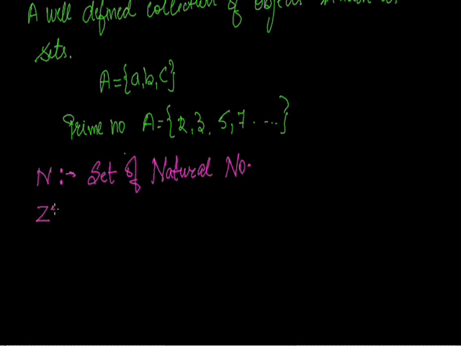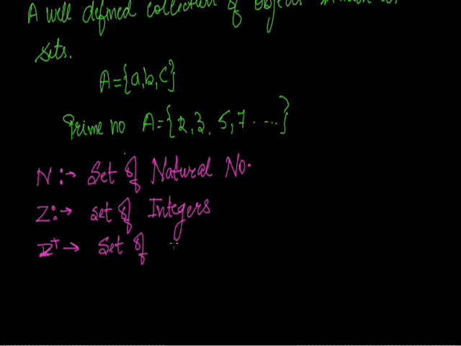Z is used for the set of integers. Similarly, Z plus is used for the set of all positive integers.